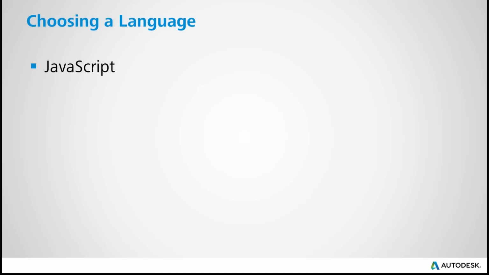So, all right, choosing a language. Today, as I mentioned, the API supports both JavaScript and Python, and they both have full access to the API, so there's really not any limitations of one versus the other. It's a personal choice.